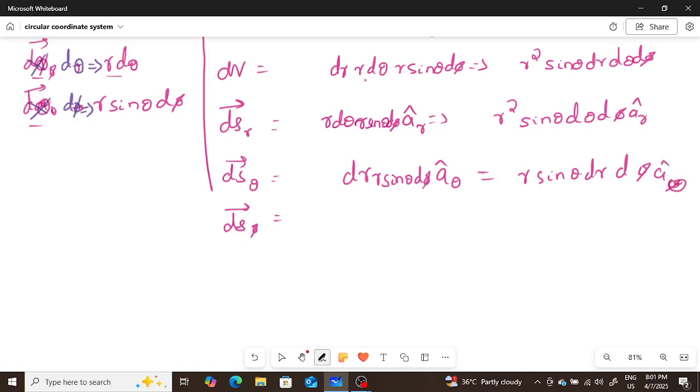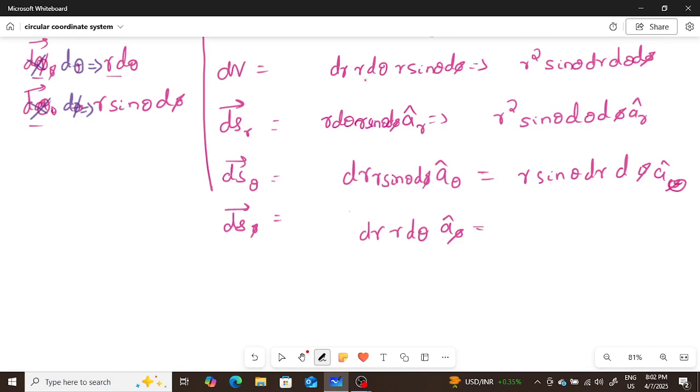Next, in the direction of a phi, eliminate phi. So r sin theta d phi is eliminated, left with dr and r d theta.